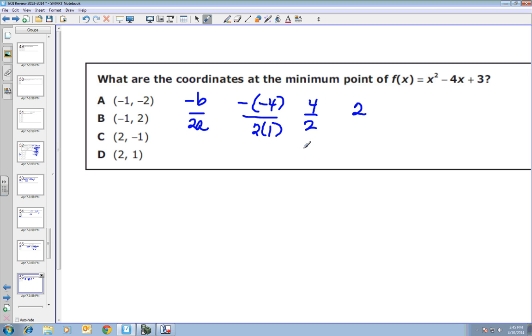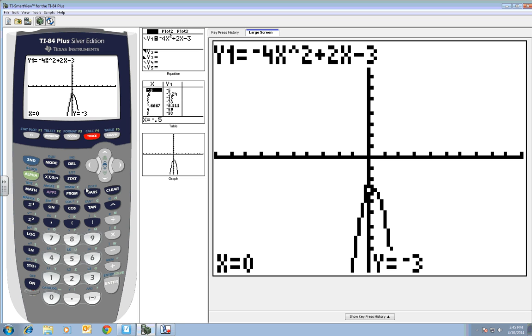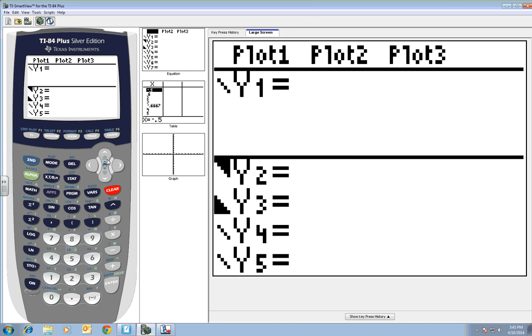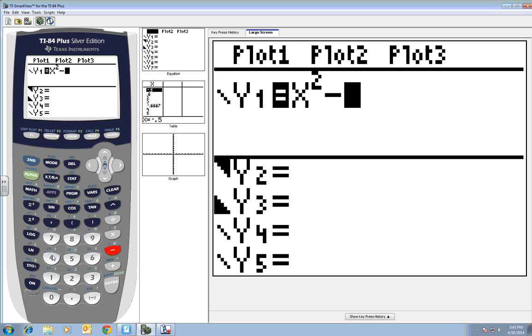So my vertex is when x is 2. Okay, let's graph it. I'm going to put in the equation x squared minus 4x plus 3.